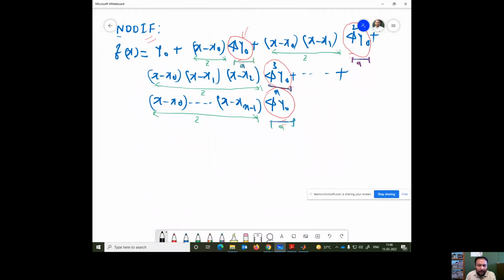One part is z, suppose variable zk. Suppose this is taken as x minus x naught, x minus x1, going up to x minus x n minus 1. This is one variable we have defined here.